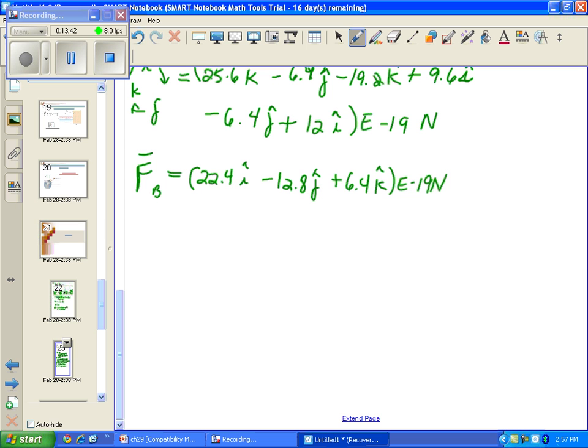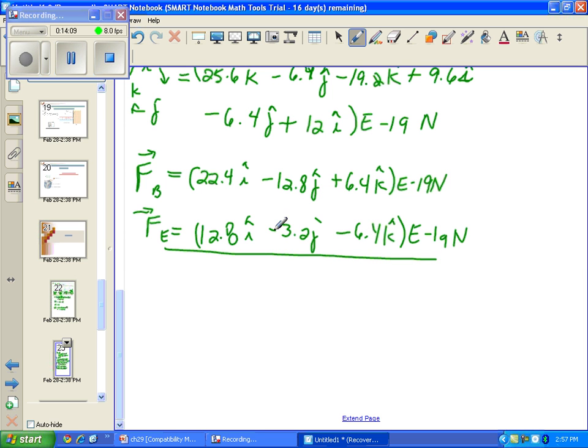So in order to get the Lorentz force, we have to take this and add it to FE. And recall that FE was 12.8 i hat minus 3.2 j hat minus 6.4 k hat, and that was also e to the minus 19 newtons.